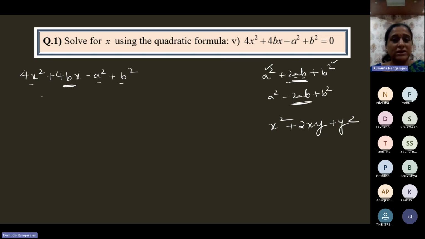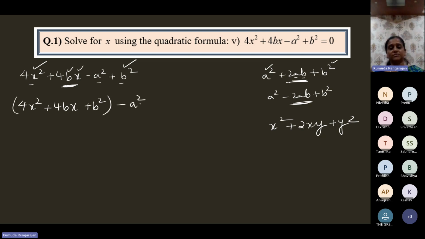So we look at this as the middle term, which has b and x in it. So we consider the b square term and the x square term as the relevant ones for this middle term. So we'll group these three terms, 4x squared plus 4bx plus b squared, and we'll write minus a squared outside the bracket like this.